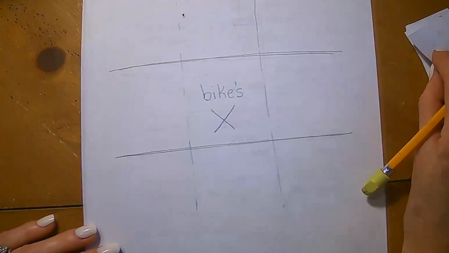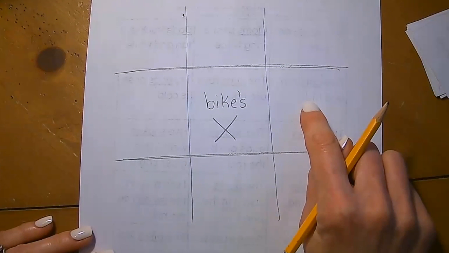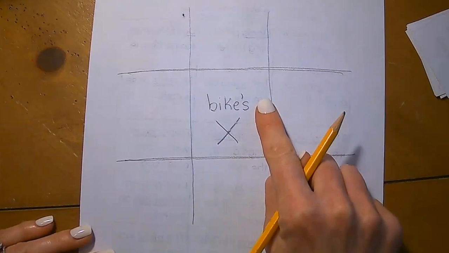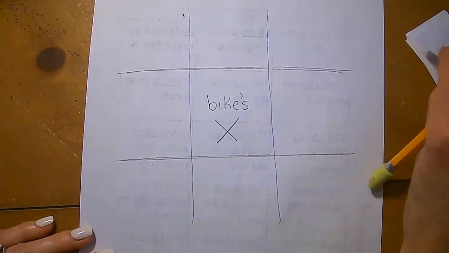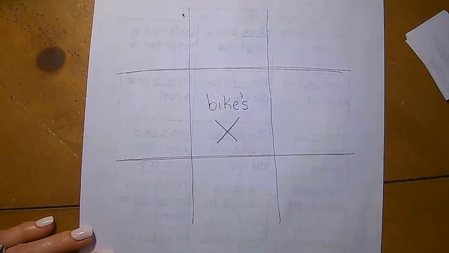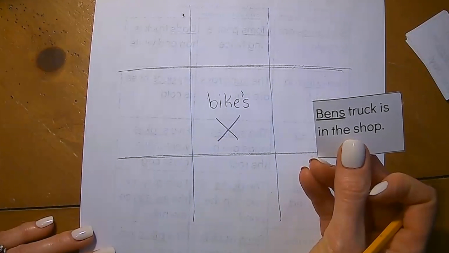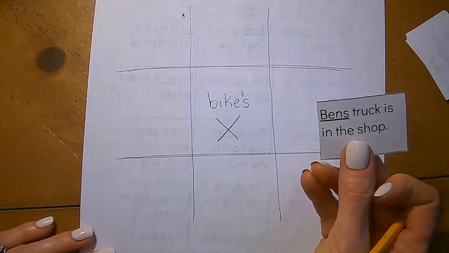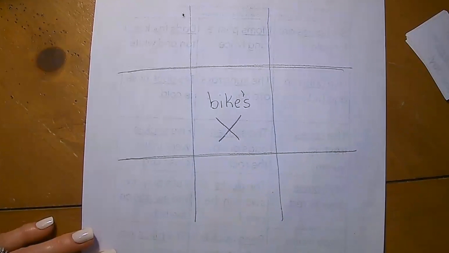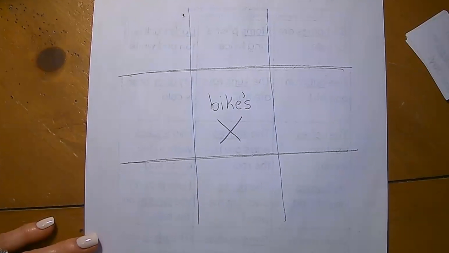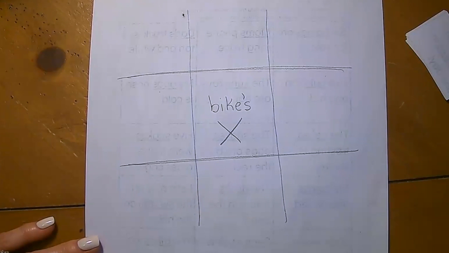So you remember whoever's turn it is to put the word on the grid, the other person is going to read that sentence with the underlined word to them. So Ben's truck is in the shop. The underlined word is Ben's, and the other person would decide whether that word is a possessive or if it's plural.